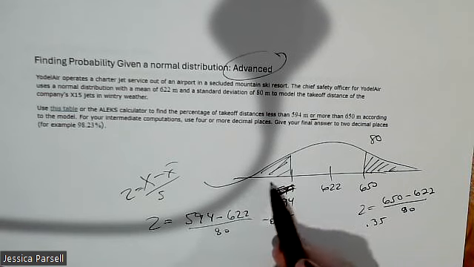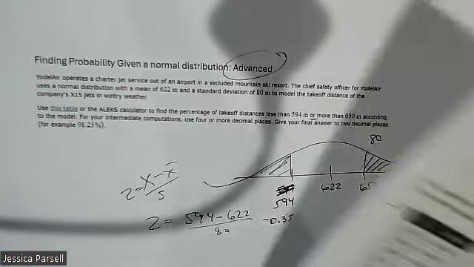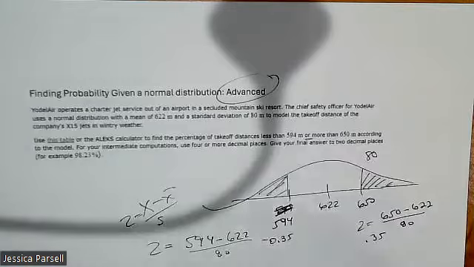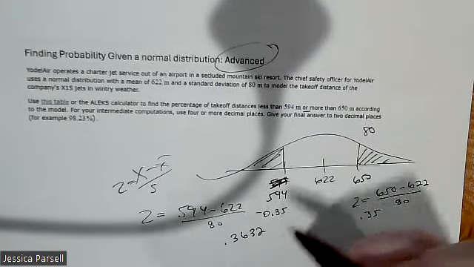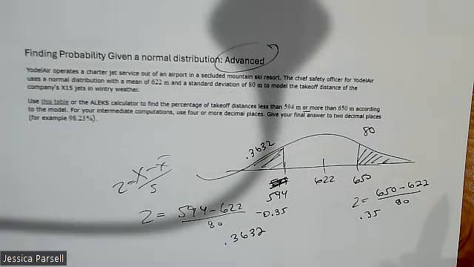Okay, let's go find this area. So I'm going to look for negative 0.35. Negative 0.35, where are you hiding? Okay, 0.3632, which is this piece right here. We know we need that piece.